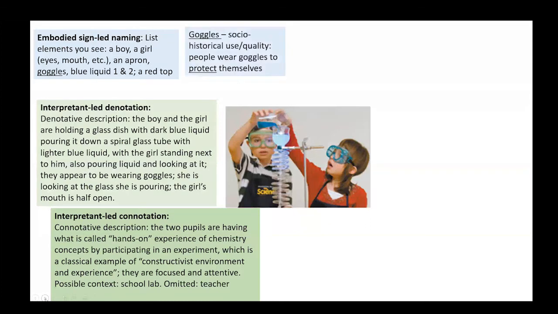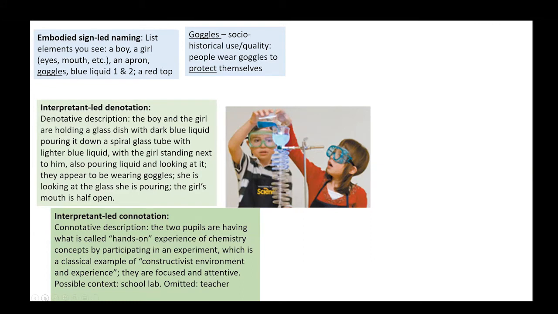Then we think about what possible context that can be, a school lab, who's a mated teacher, and so on. But the interesting thing is how to actually tackle image elements and use them for associative and analogical thinking. Here I'm focusing on goggles, and this reflection on constructivism through goggles would be impossible without the image, if the image didn't trigger this reflection.